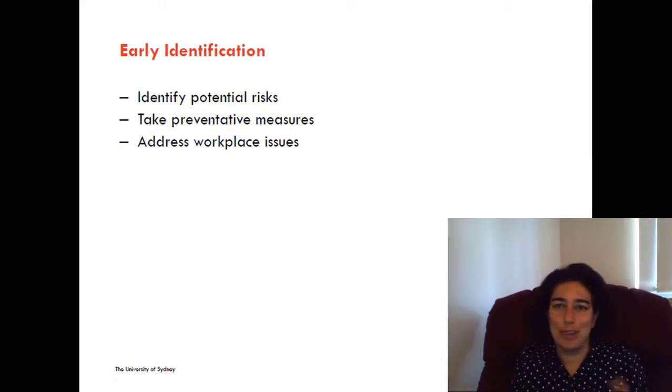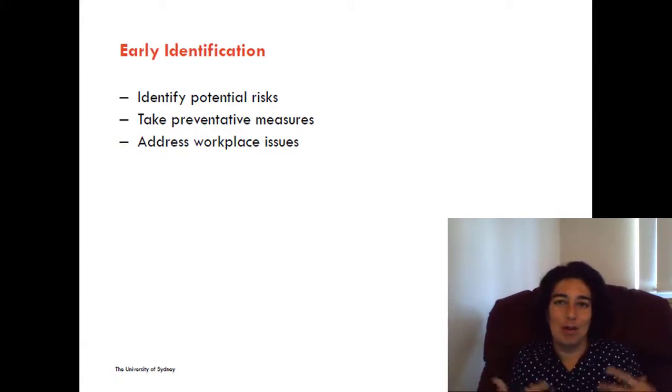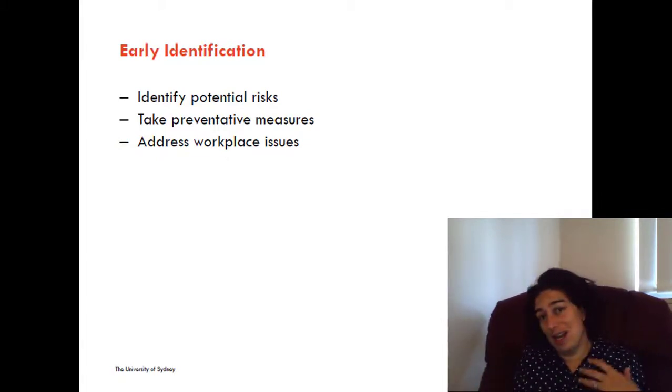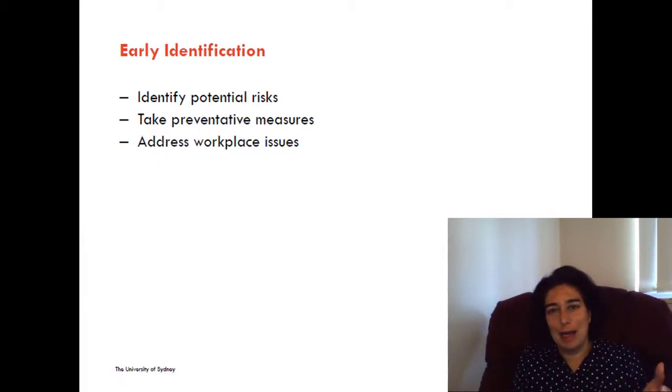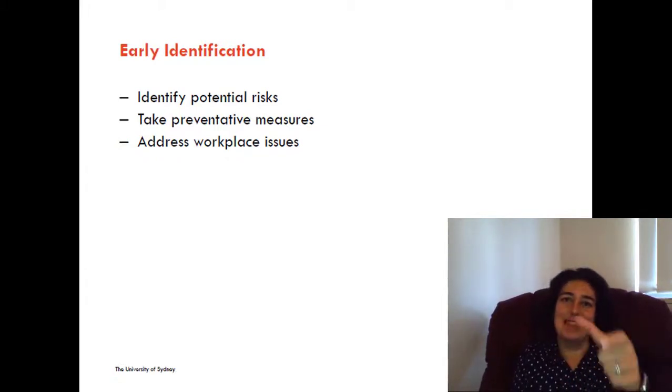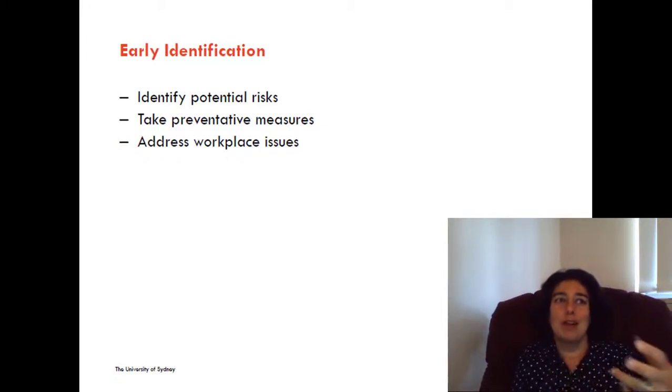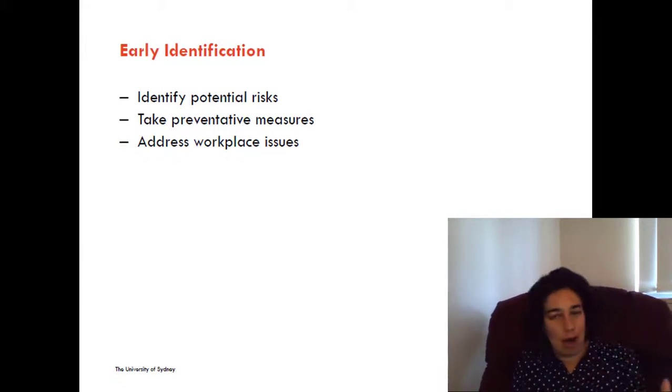Another means of prevention, and this is something that we talked about a long time ago this semester, is that prevention can also be identifying an issue and managing it. So, for example, noticing that people often get hurt in this particular position because they are doing this one activity, then maybe we can modify that.